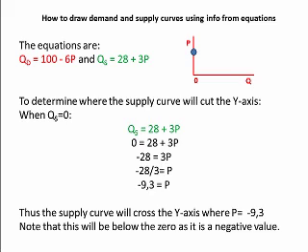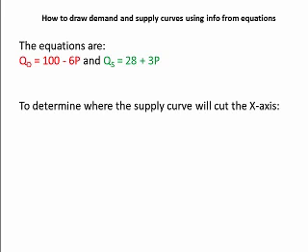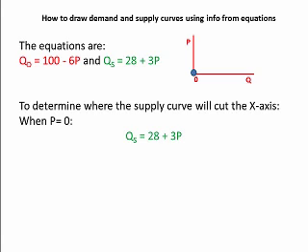Note that this will be below the 0. In other words, below the horizontal axis, because it is a negative value. Now we want to determine where the supply curve will cut the x-axis. Now that will be where prices are equal to 0. The equation for the supply curve, QS equals 28 plus 3P.